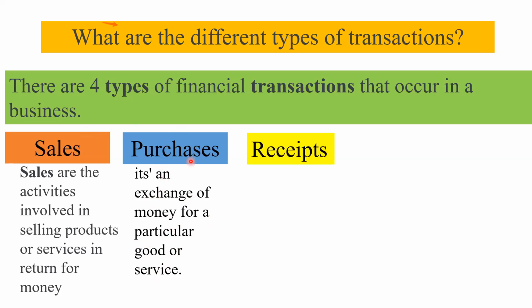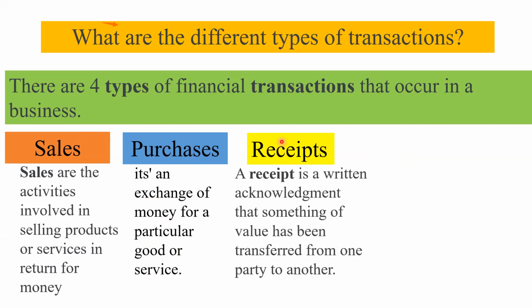Let us go to the third one. What is receipt? That means receiving money. Receipt is nothing but receiving money, right? Receipt, bill, invoice, voucher, everything comes under the same category. So let us see what a receipt is. A receipt is a written acknowledgement that something of value has been transferred from one party to the other.